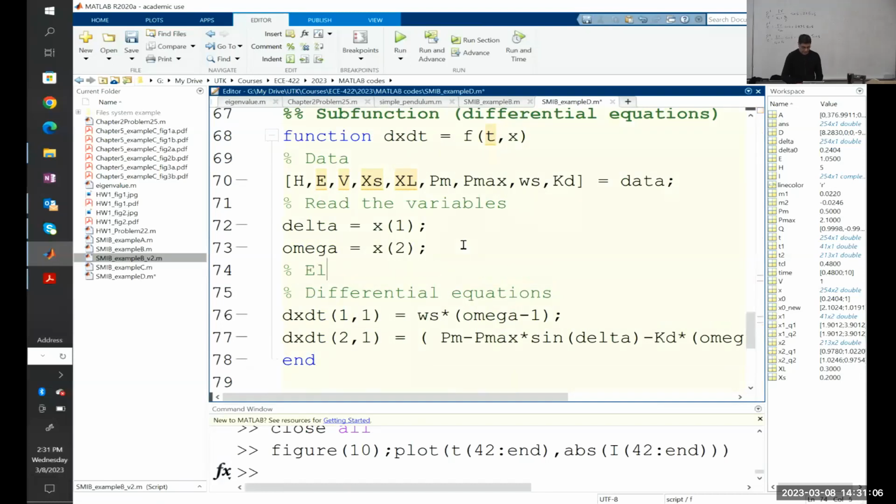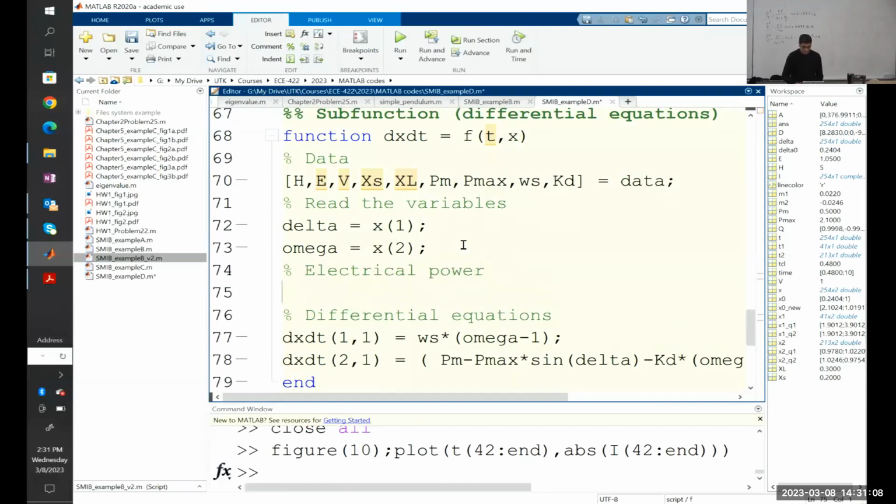So again here, we need to define the electrical power, PE, after the fault. And then we can put the equation here, which is going to be EB sine of delta divided by XS plus XL.